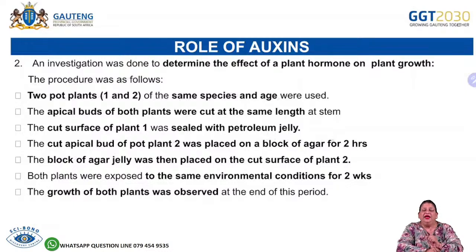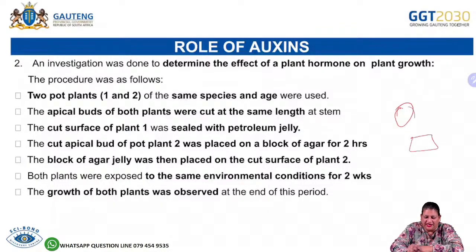So remember, in pot plant 1, the cut tip was removed, thrown away and sealed with Vaseline. In pot plant 2, the stem tip was cut. Then the cut part, which contains auxins now, was placed on a block of agar. Agar is actually jelly, okay, learners?